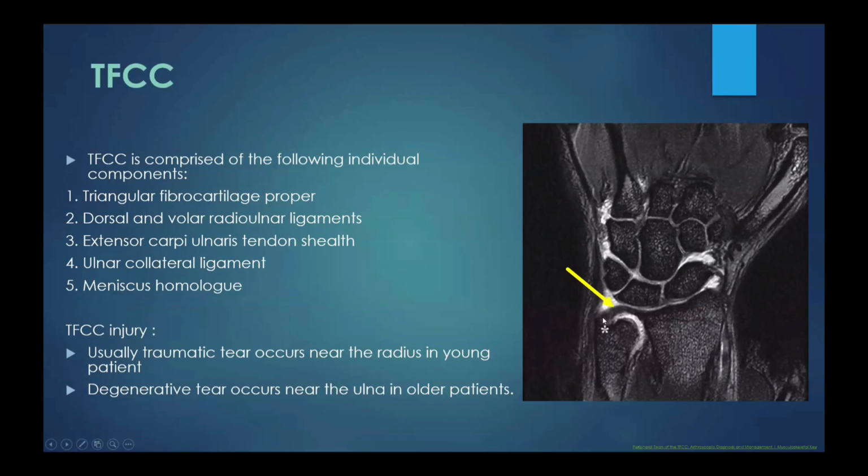It has different components: triangular fibrocartilage proper, extensor carpi ulnaris tendon sheath, ulnar collateral ligament, meniscal homologue. And if we get injury in a younger age group, usually due to trauma, it usually happens near the radius attachment. The degenerative tear usually occurs near the ulna in older age.